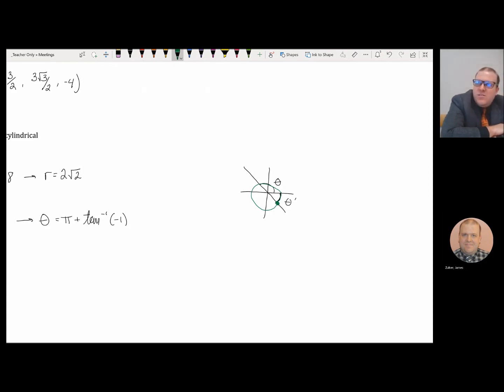That's the point that tangent theta would refer to. So x is -2, y is 2, so that point would have been -2, 2. Hold on, wait a minute. Yeah, -2, 2 is actually over here. This would have been 2, -2, which is what the inverse tangent gives us.